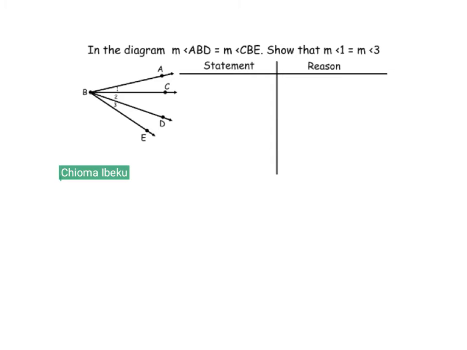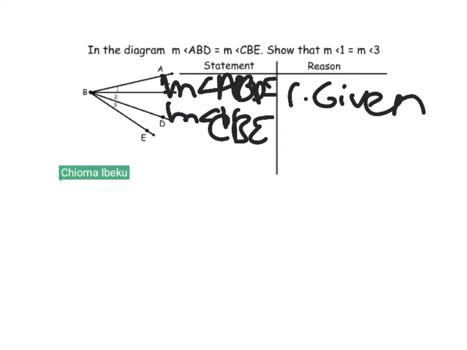We know that the measure of angle ABD is equal to the measure of angle CBE by the given, and we want to show that the measure of angle 1 is equal to the measure of angle 3. Well, we have to look at why they gave us this given.